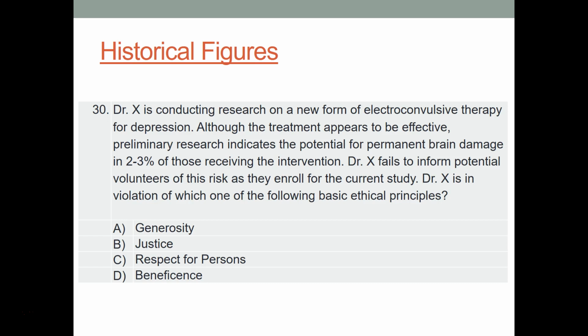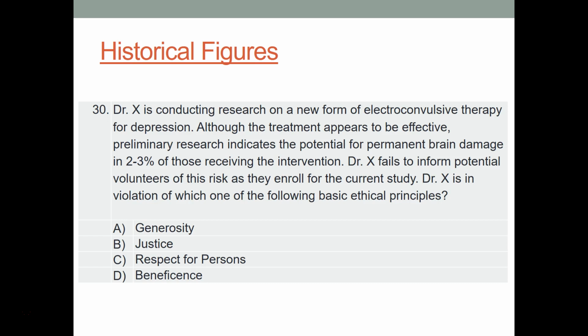Okay. So basically, we have a treatment that is associated with not a trivial amount of risk, and we've got an investigator who's not telling people who may participate in the study that this risk exists. This is clearly problematic. Which one of those ethical principles did we talk about that gets most closely at the problem here? A, generosity.